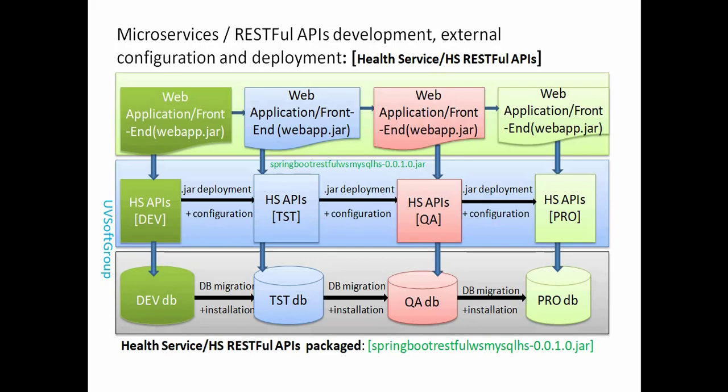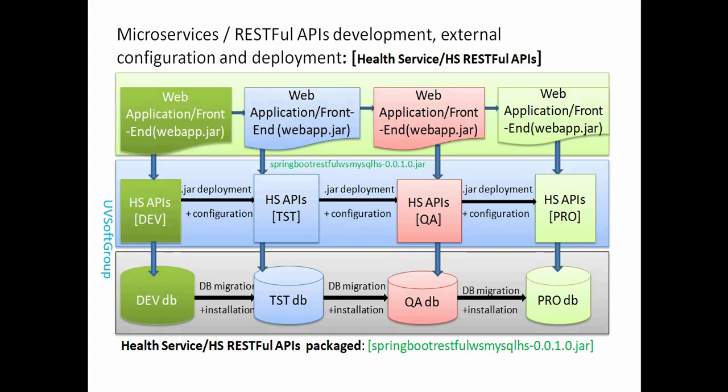The same thing happens in the web part: you have to take your web application to TST, then QA, and then production environments. So this is the relative diagram of the complete picture of the development.